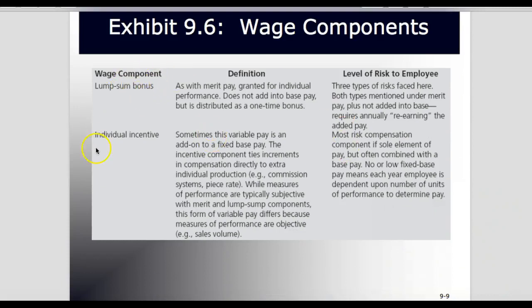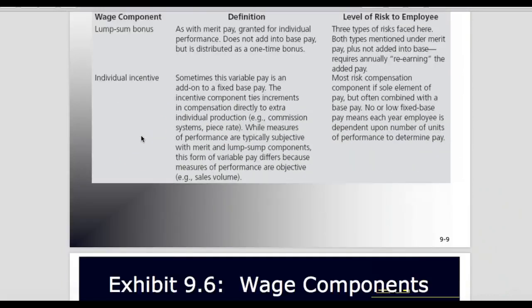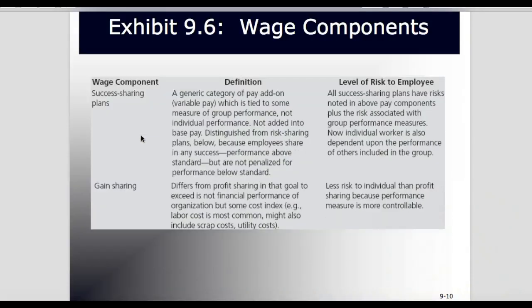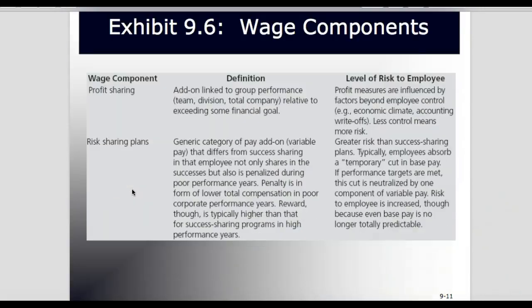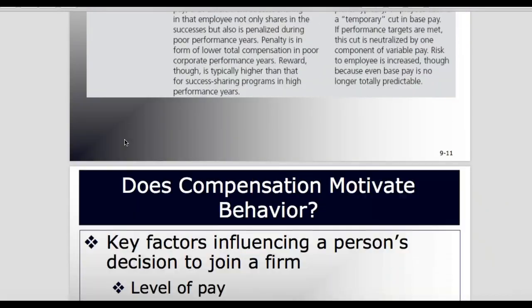So this gives you a breakdown of the risk to the employee. Lump sum bonus, individual incentive. Success sharing, gain sharing. Wage component, and this is exactly where you get into the part that you might negotiate for your next annual review.